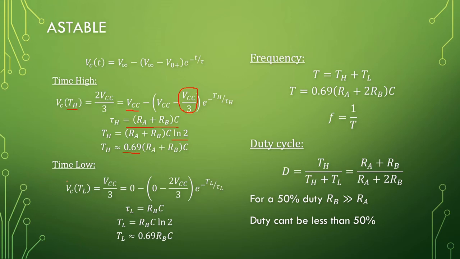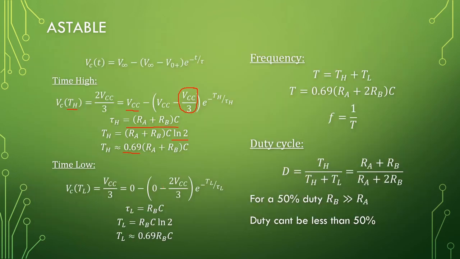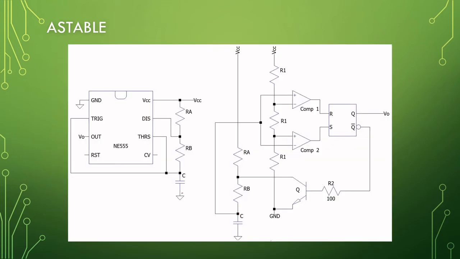Our time spent low is when we are ending up here at VCC over 3, charging towards 0, but we started from 2 times VCC over 3. Okay, so that's our endpoint. That is the goal. That is where we started. Okay, and when we're doing this, our capacitor is discharging through this transistor right here.